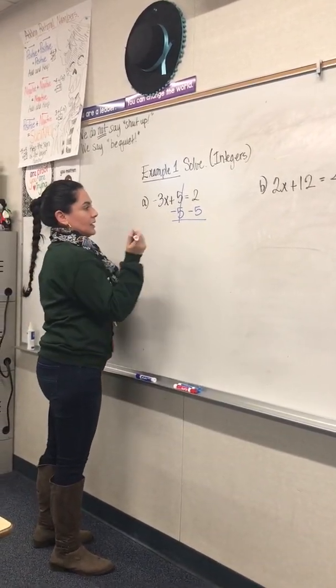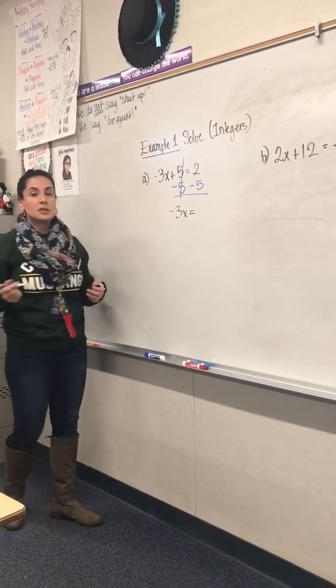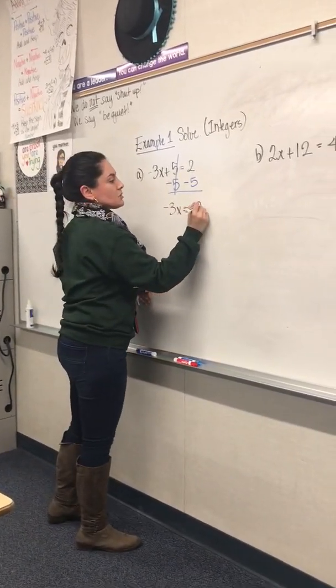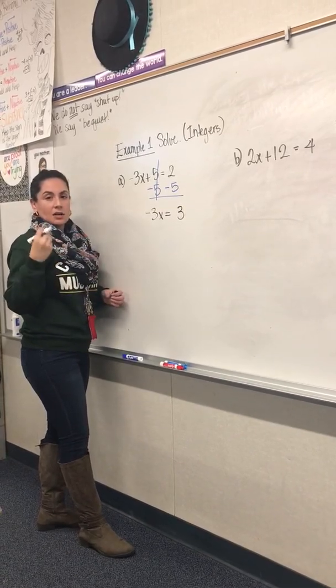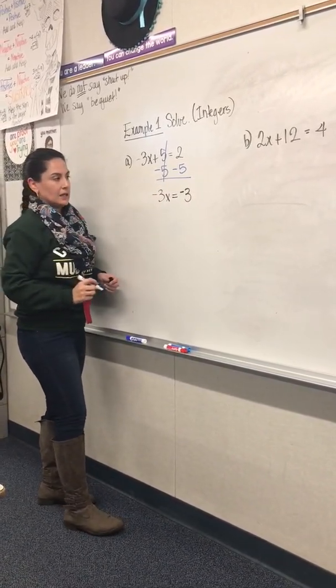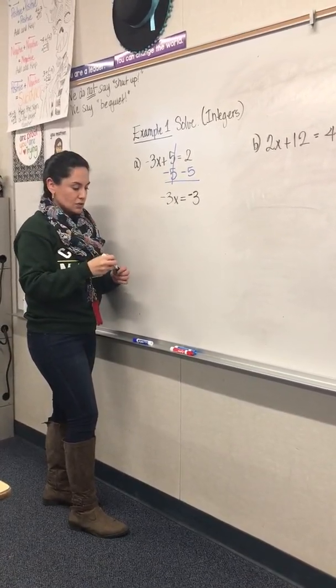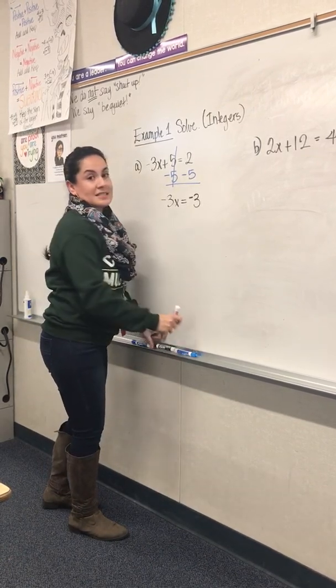Now I have negative 3x equals different sign subtract, so 5 minus 2 is 3. 5 is the larger integer with the greater absolute value, so the sign will stay negative. At this point, I see multiplication, so I need to do the inverse of multiplication, which is divide.